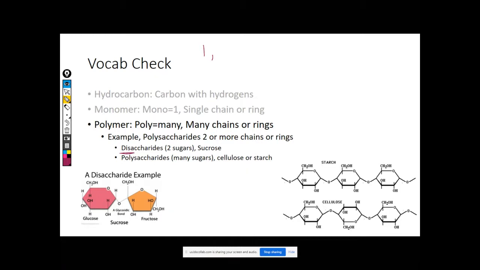If we look at the example on the left-hand side, which is all pretty and colorful, I have 1 ring, which I did a poor job drawing on, and 2 rings. These are not as frequent, probably the least common of them all. So a disaccharide, so I can count to 2.